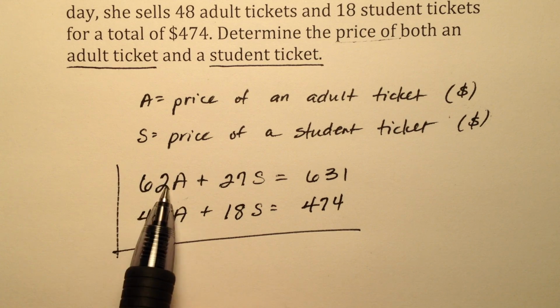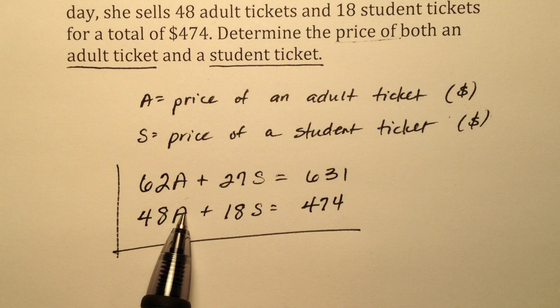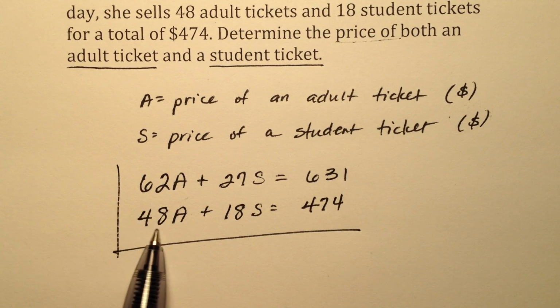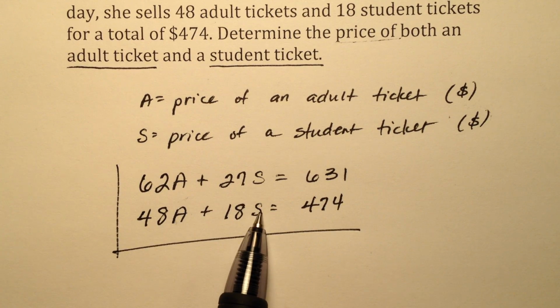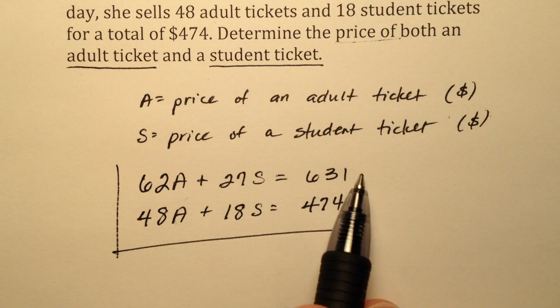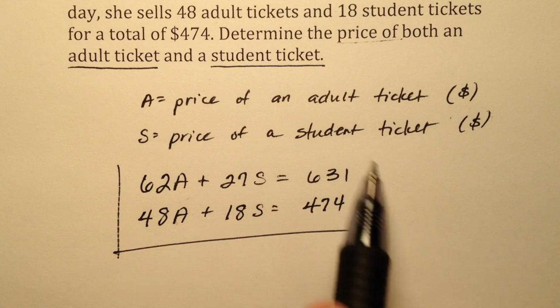So when I do each of these little terms and multiply like 48 tickets times, well, each adult ticket is worth, whatever dollars, that's going to be the amount of money that 48 adult tickets brought in. So when I add the adult and student tickets for each day respectively, I'll get those total costs from each day.